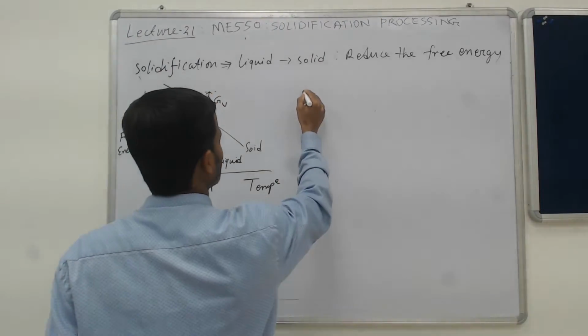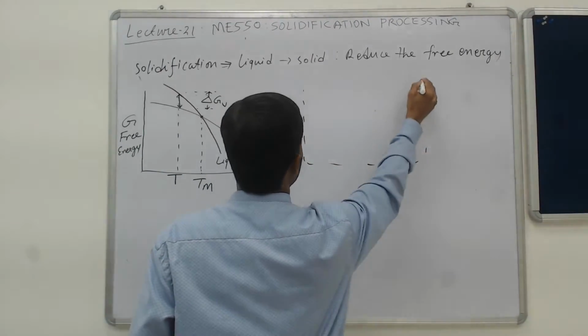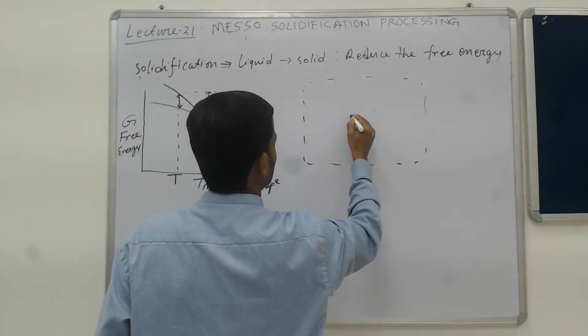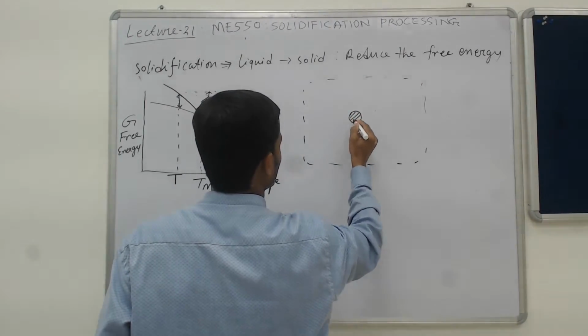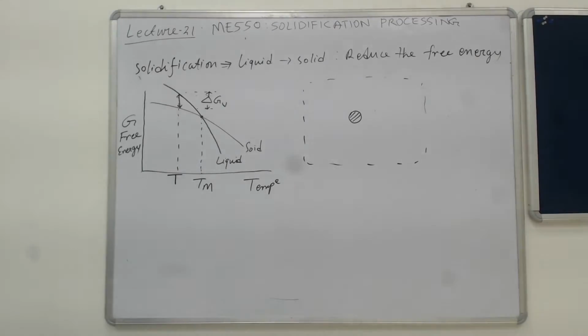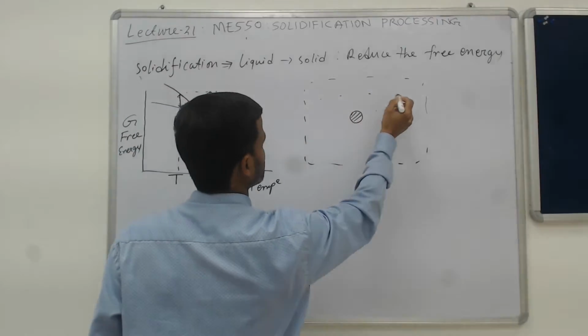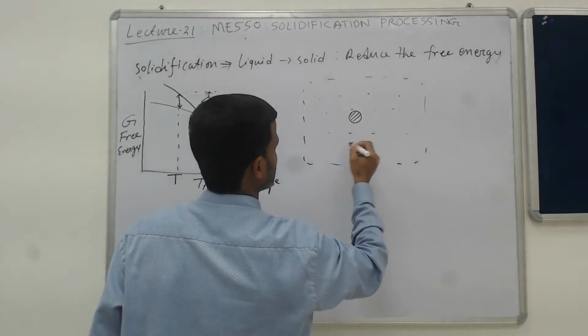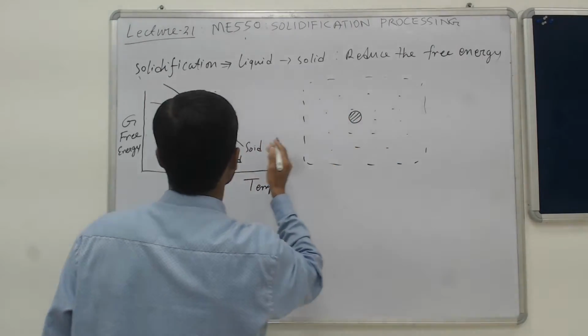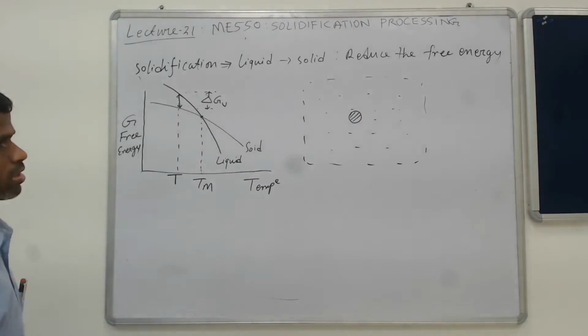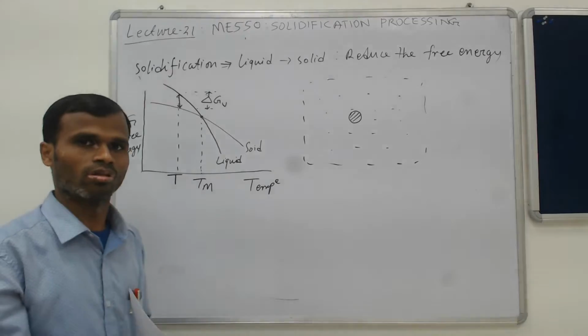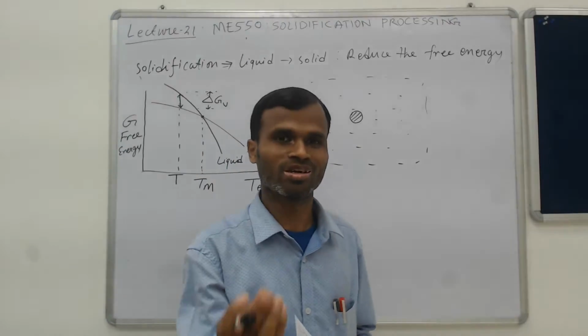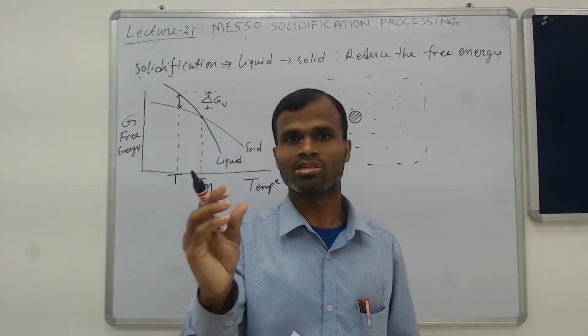So if you have a liquid and a solid nucleus is formed, or a cluster is formed, you have n number of atoms in the liquid. When you drop the liquid very close to the melting point, there will be a lot of thermal agitations and a large number of clusters will be formed.